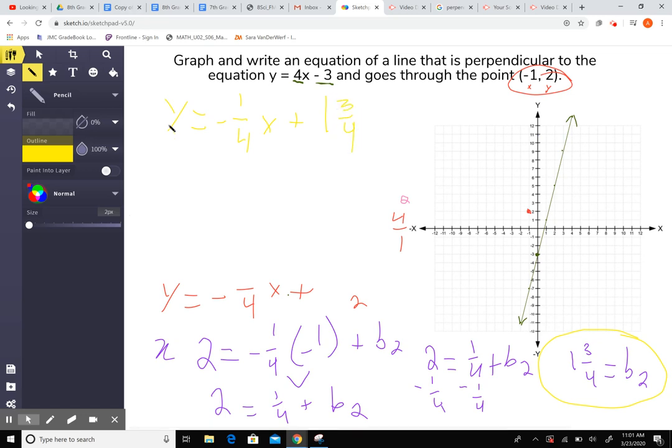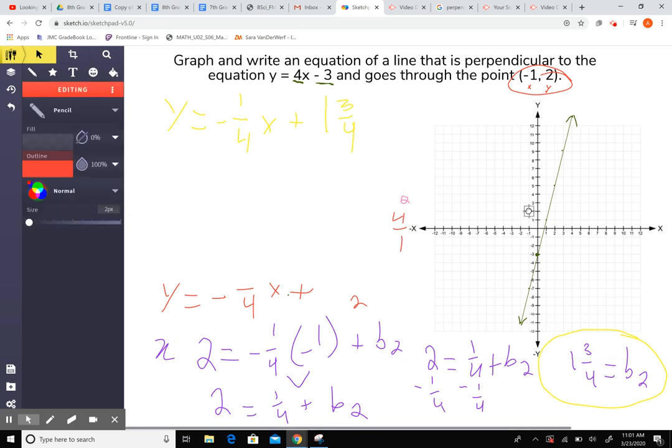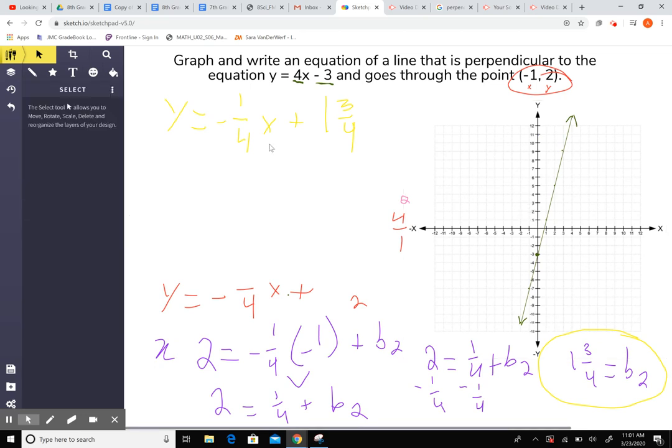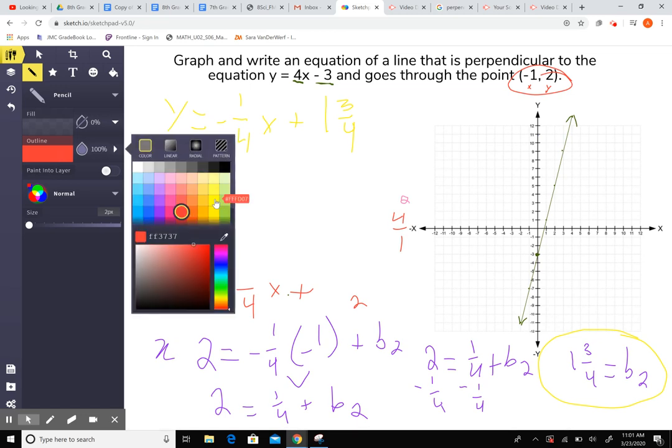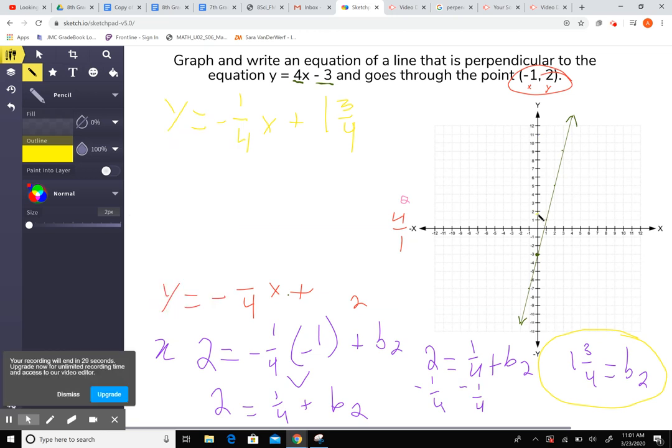If I'm going to graph this on here, I'm going to get rid of that little dot right there, so I can match the color. I'm going to have a point at 1 and 3/4. That's my y-intercept, so that's roughly right there. It's going to go through the point negative 1, 2.